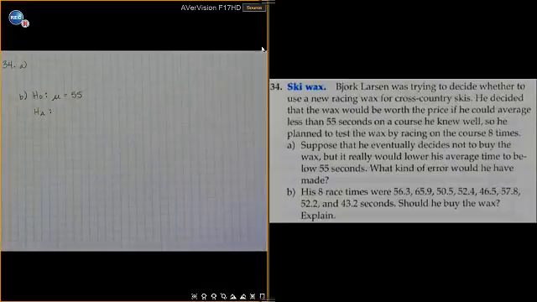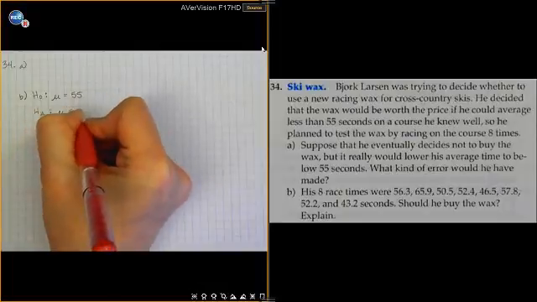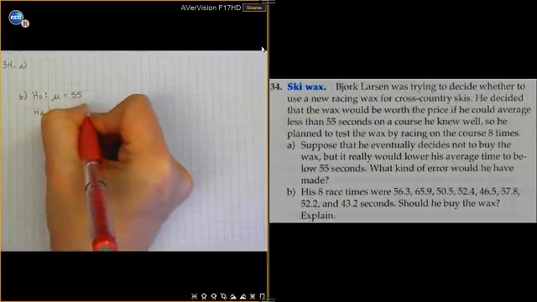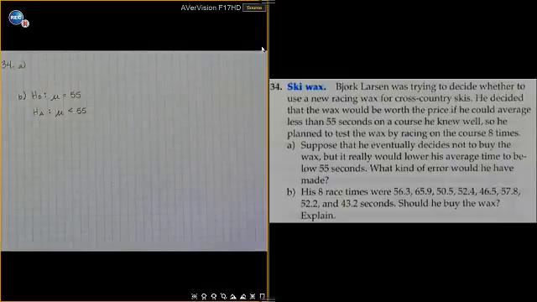So, suppose that he eventually decides not to buy the wax, but it really would lower his average time. So in that case, if it really would lower his average time, is the null hypothesis true or is the alternative hypothesis true? The alternative. So we should be rejecting the null hypothesis, and he is failing to reject it.